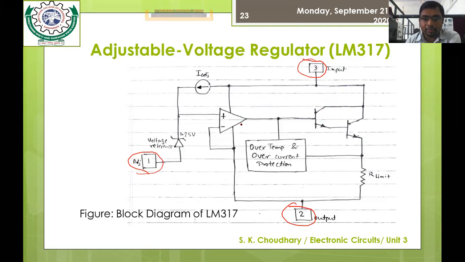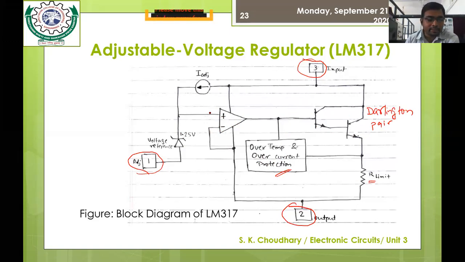And from this block diagram, there is one op-amp whose non-inverting terminal is connected to the adjustable pin as well as the input, and there is a pair of BJT transistors, that is nothing but the Darlington pair. This is a very important element of this block diagram. Apart from this, there is an over temperature and over current protection block, and there is a limiting resistance, R limit, also.